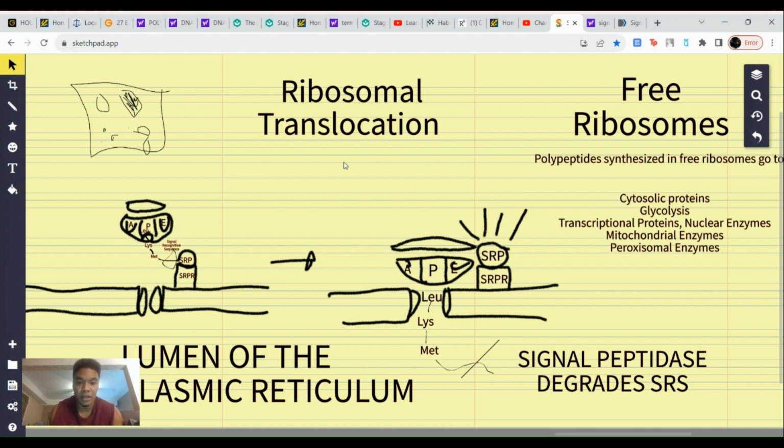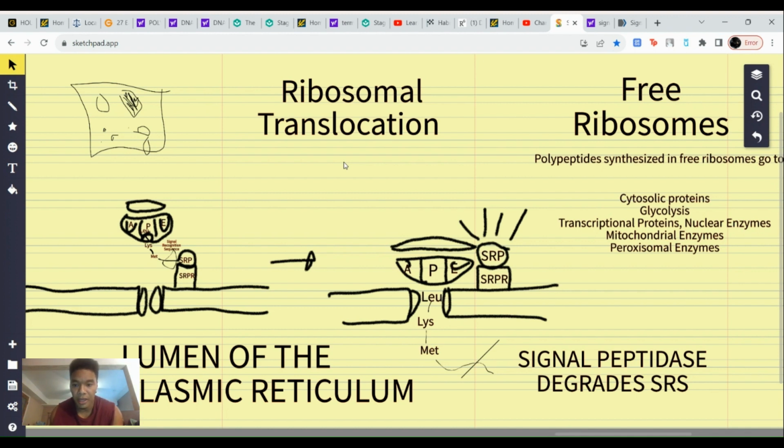They're basically secretory proteins, and they can also become part of lysosomes, or not vacuoles, endosomes, but mostly lysosomes. So they're destined to be integrated into a membrane. If they're integrated into a membrane, they're probably from the endoplasmic reticulum, or if they're secretory.